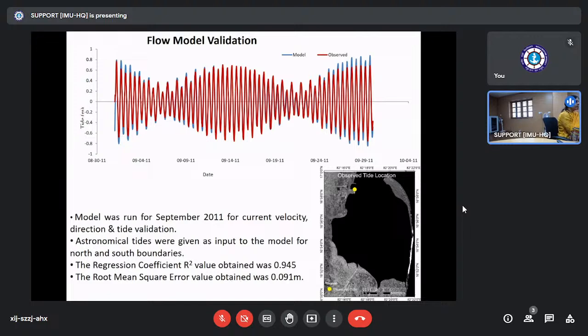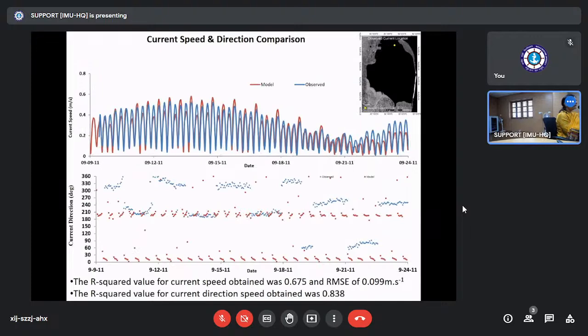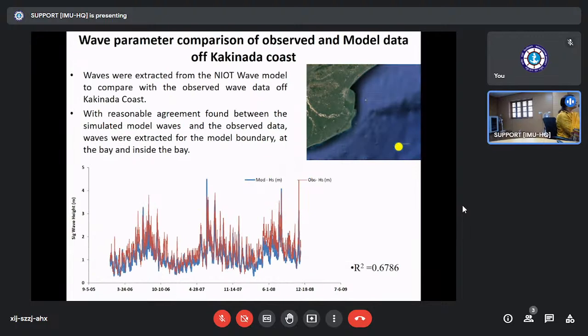Astronomical tides were used as input for the model, and the regression coefficient was obtained as 0.945. Then similarly, current speed and current direction were compared. Thereafter, wave parameters were compared for the observed and model data for the Kakinada coast.